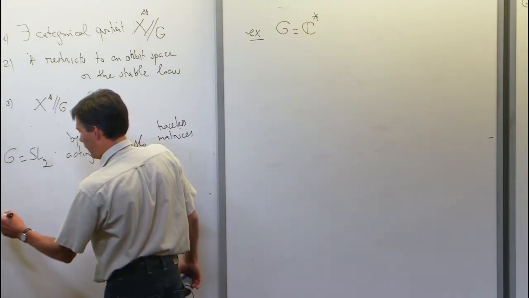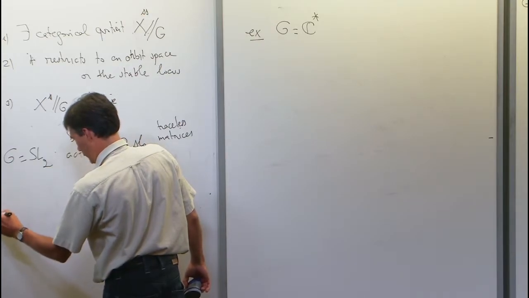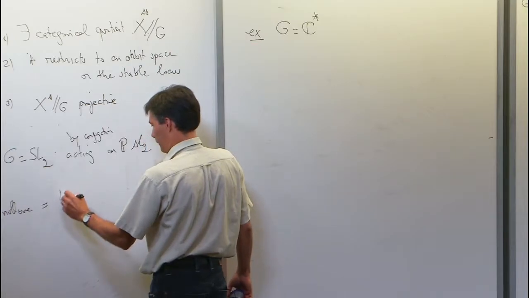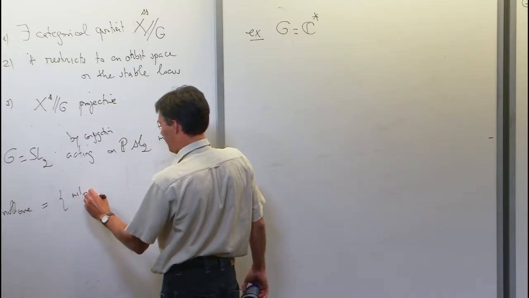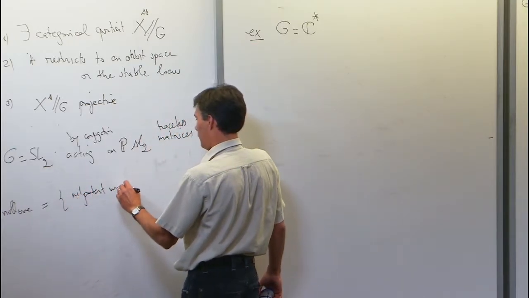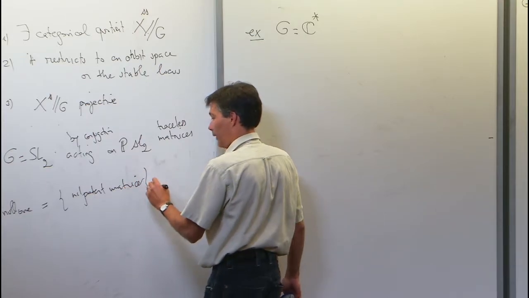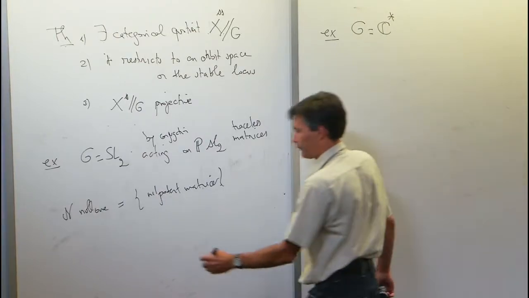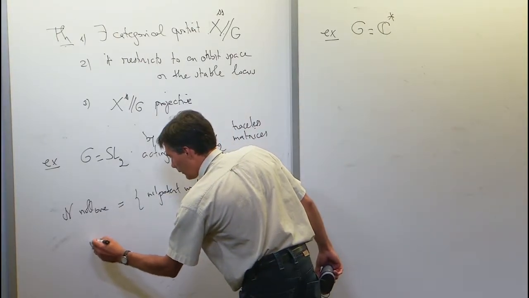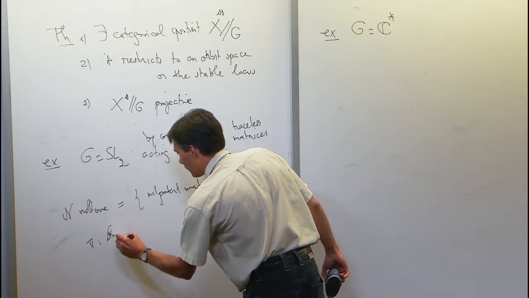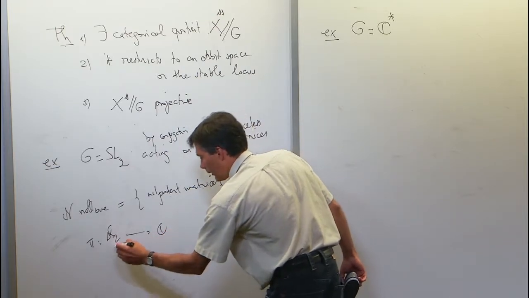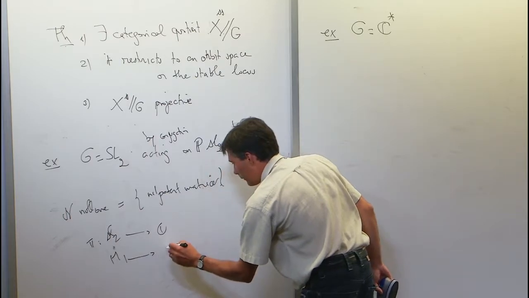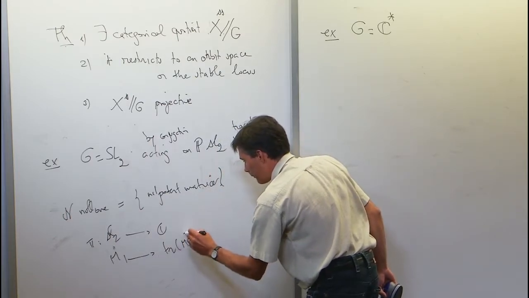Yes. So remember, you have the null cone, which is the space of nilpotent matrices. You had the quotient map, given by either the determinant or the trace of the square: pi from SL2 to C, taking a matrix M to the trace of its square.